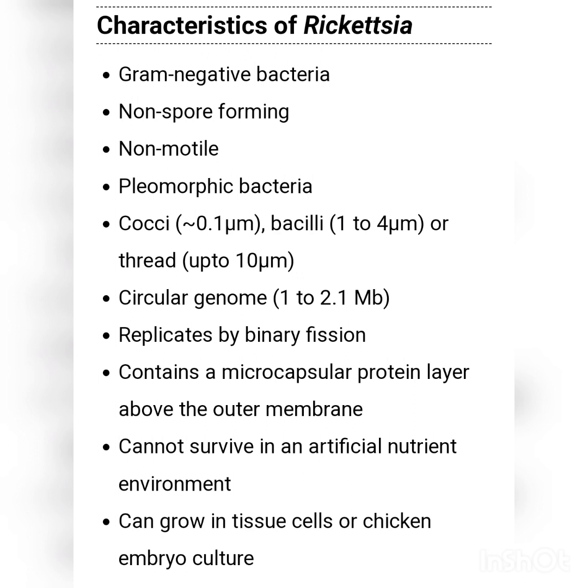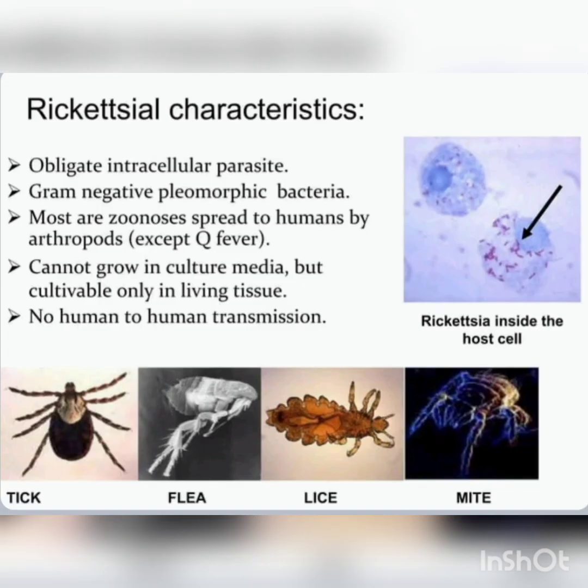The family Rickettsiae is named after Howard Taylor Ricketts. He was a microbiologist. He discovered the spotted fever rickettsia in the year 1909. He died because of infection by these Rickettsia bacilli. He died of typhus fever. While doing studies on Rickettsia bacilli, he got infected himself and died of typhus fever.